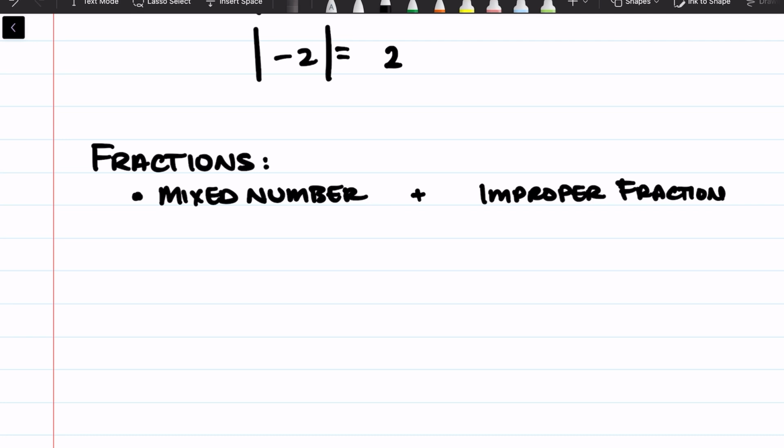So an example of a mixed number, let's say, is something like 1 and 2 over 3, whereas an example of an improper fraction would be something like 5 over 3.